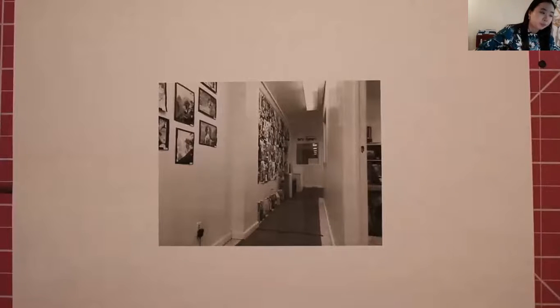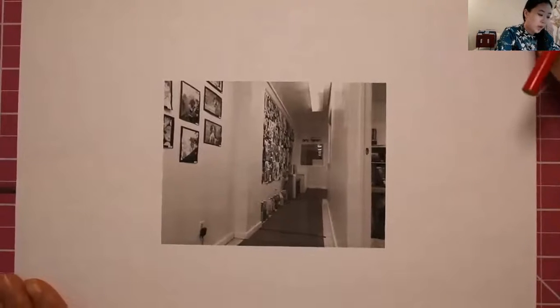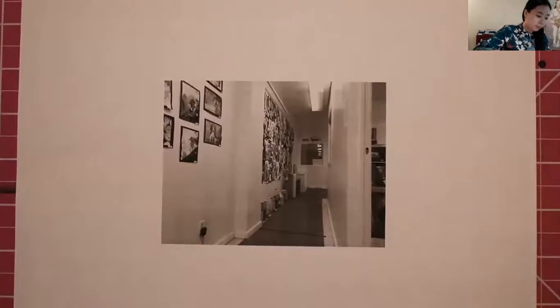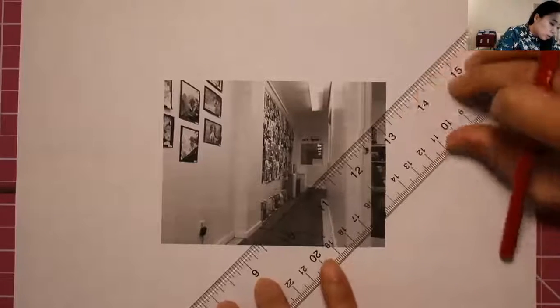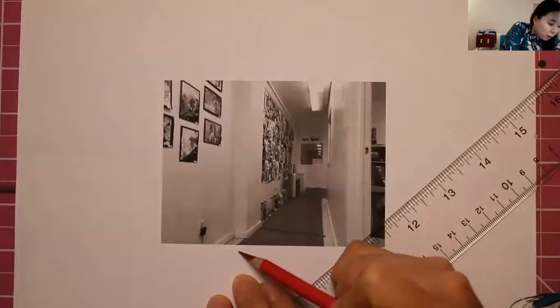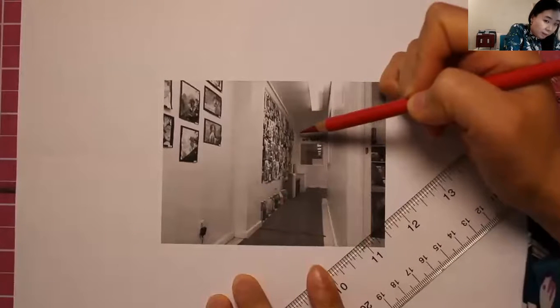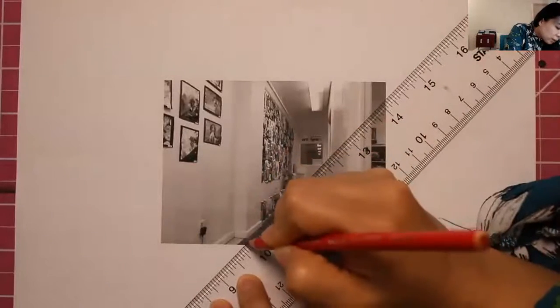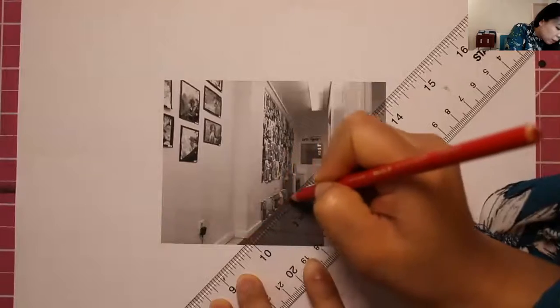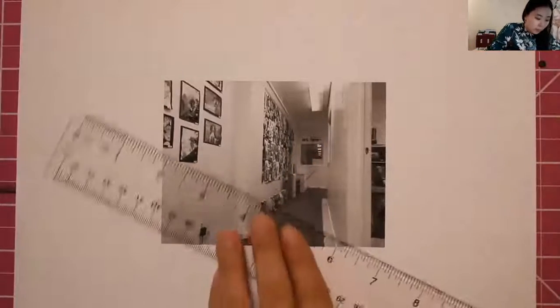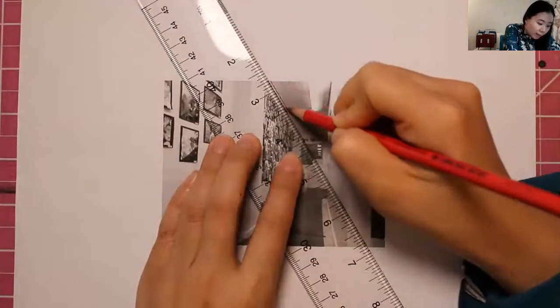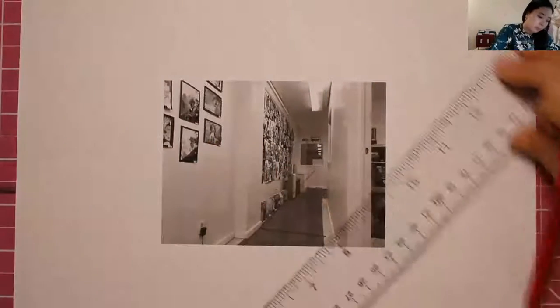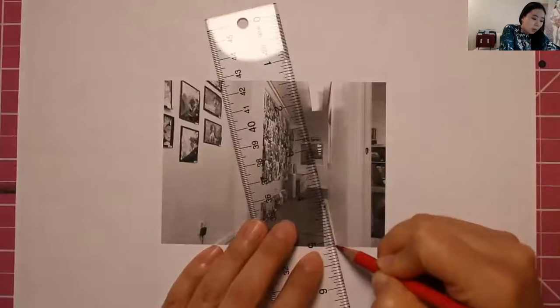To figure out how many points of perspective there are, the easiest way is to print out the photo. Here is the floor line and the ceiling line, right? Just draw the floor line and ceiling lines like this from all the walls.